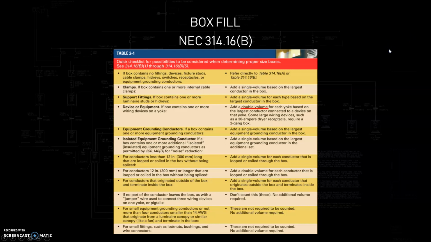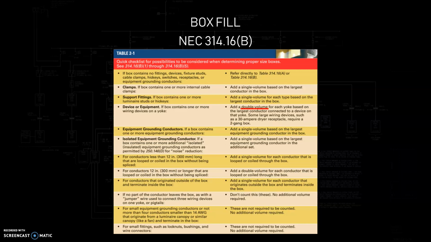Next, we have a device or equipment, so a receptacle or a switch. They tell us we're going to count a double volume for each yoke based on the largest conductor connected to a device on that yoke. What that means is a yoke is basically a single gang space. So a switch or a receptacle, that's one yoke.